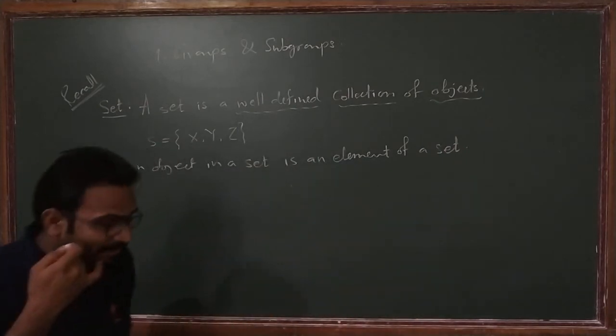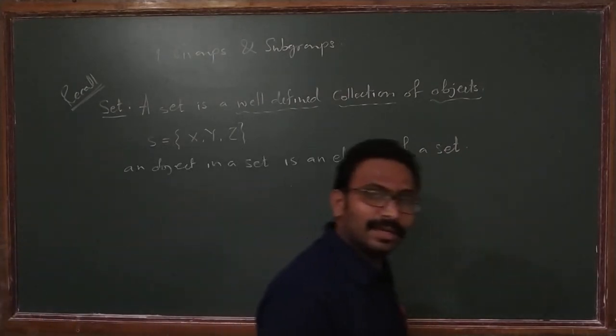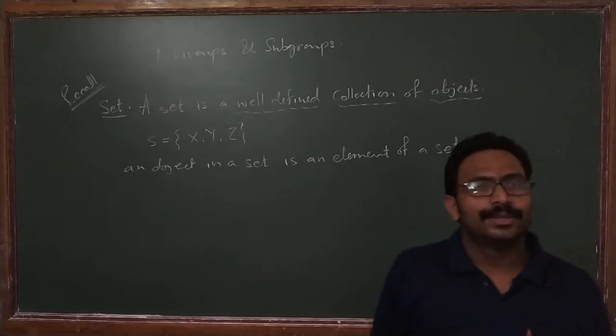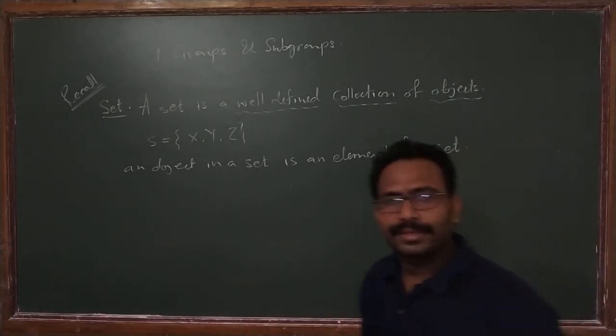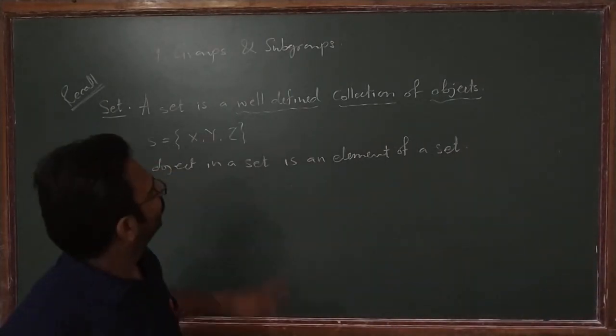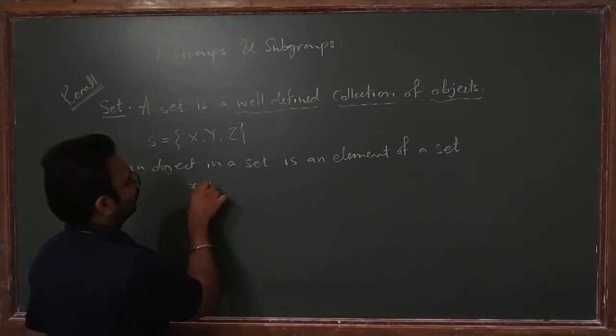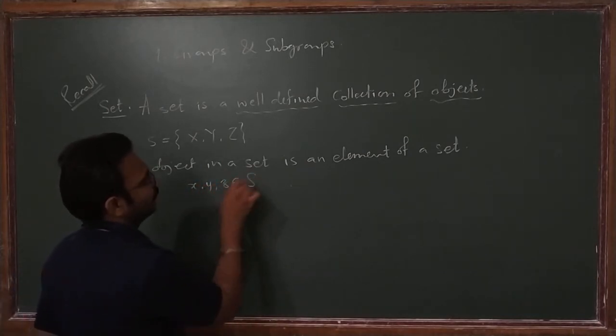So X, Y, Z, these are 3 elements in this set S, so we can say that X, Y, Z belong to set S.